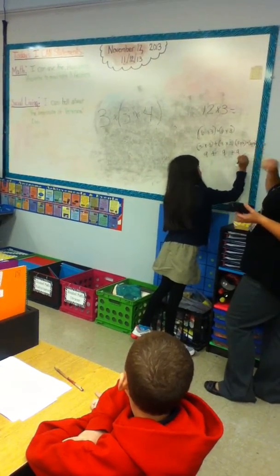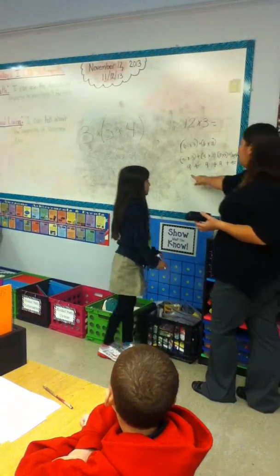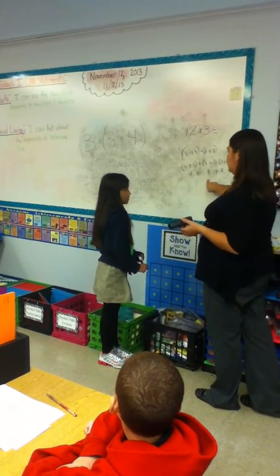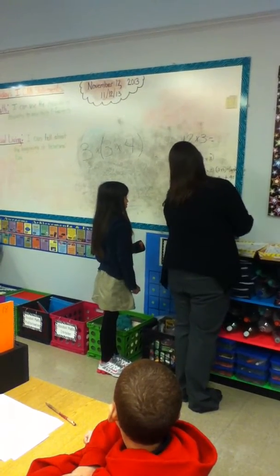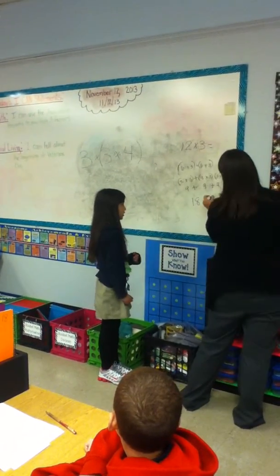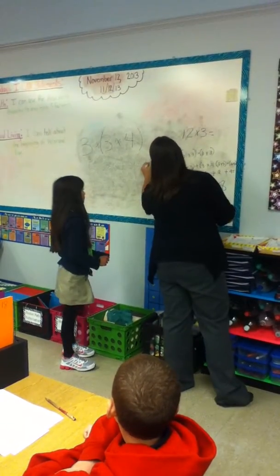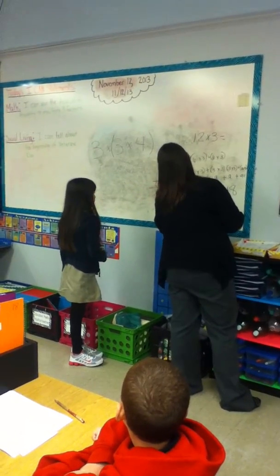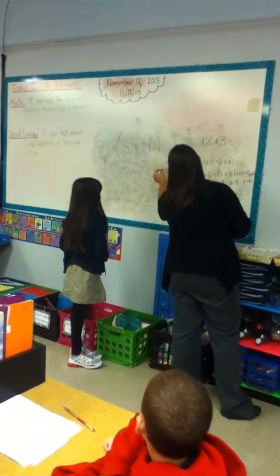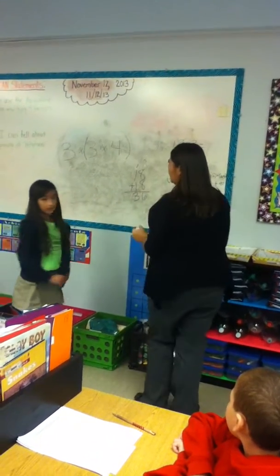And 3 times 3 is? 9. Beautiful. So what's 9 plus 9? 18. And what's 9 plus 9? 18. So what is 18 plus 18? What's 8 plus 8? 16. What's 1 plus 1 plus 1? 3. Thank you, Isabella. You can have a seat.